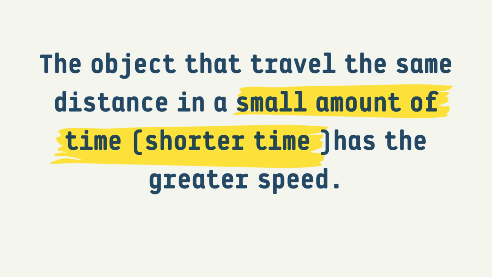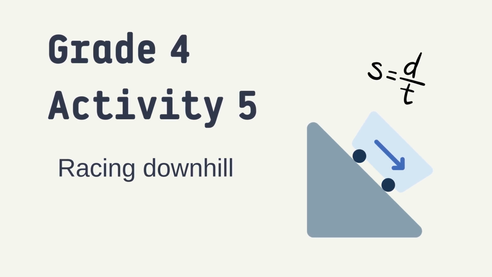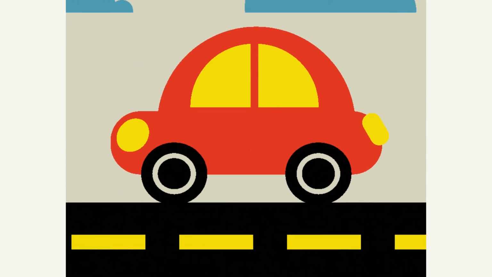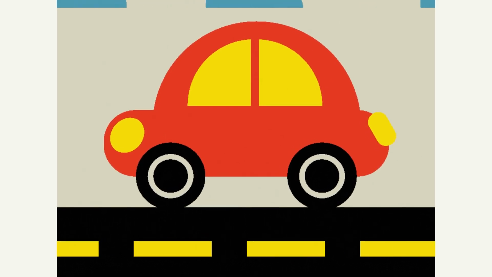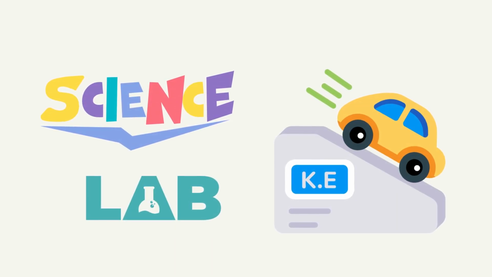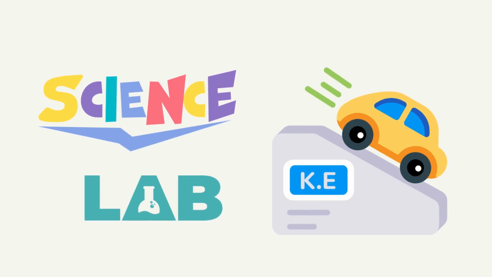Now we will study activity 5, racing downhill. Here is a difference. We calculated and we know the speed on a flat surface. Now what happens to the speed on an inclined surface? As you see here, we will see if this affects the speed by this experiment.